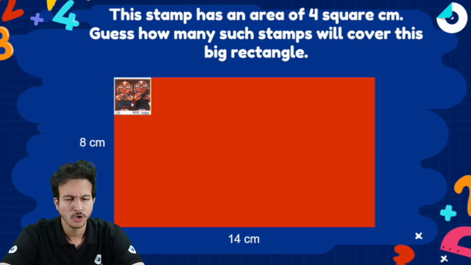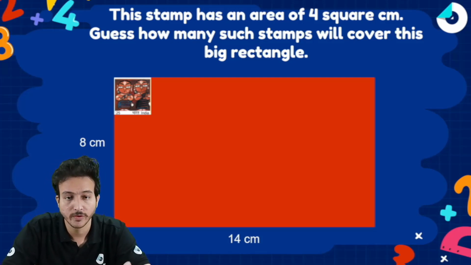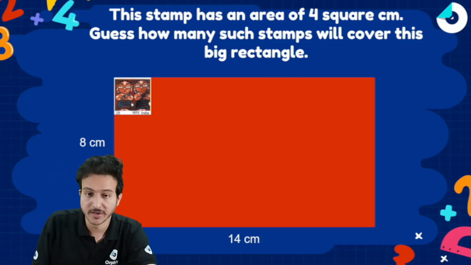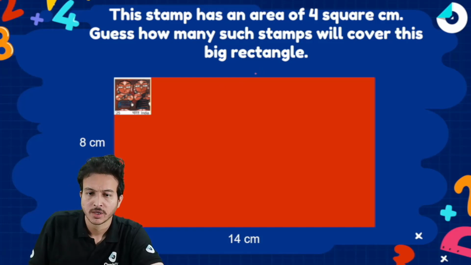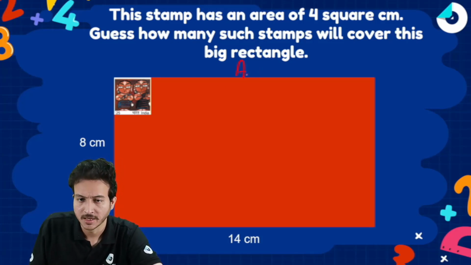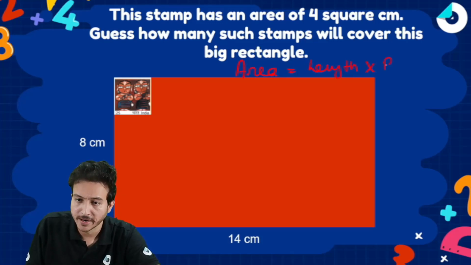Now we don't need to superpose all these stamps. We will use the method of area. We will find the area of this rectangle first. The area of a rectangle can be found using the formula length into breadth.